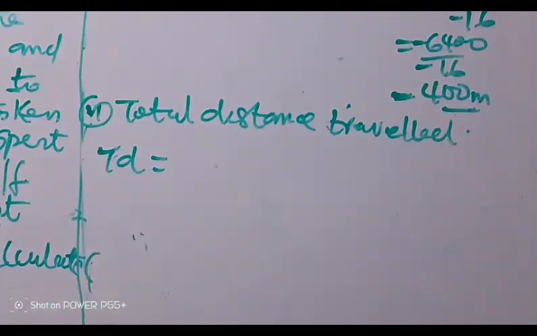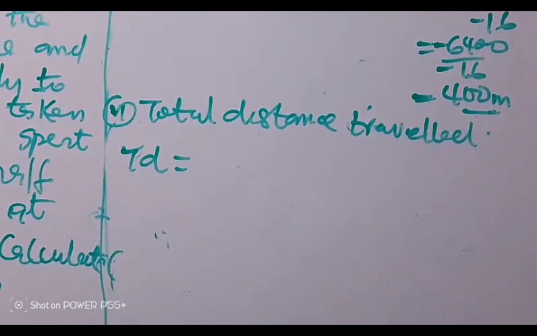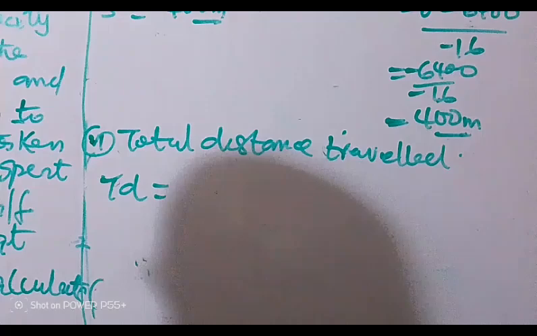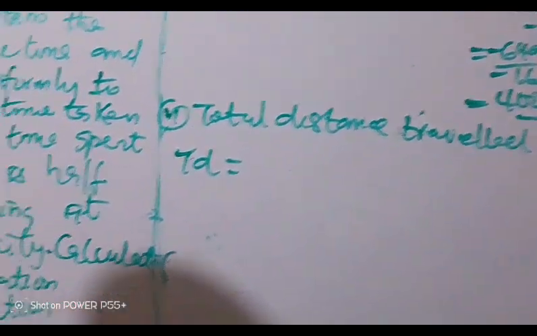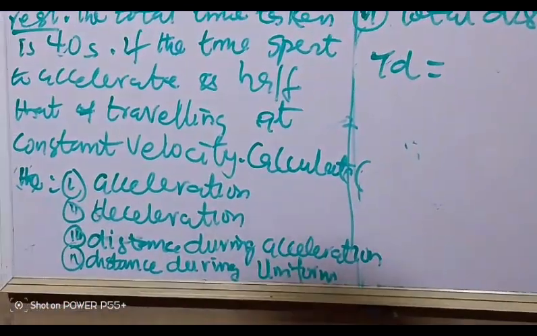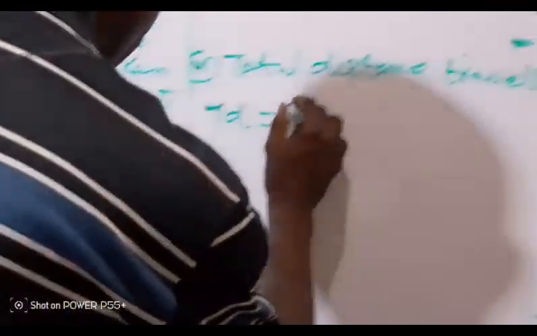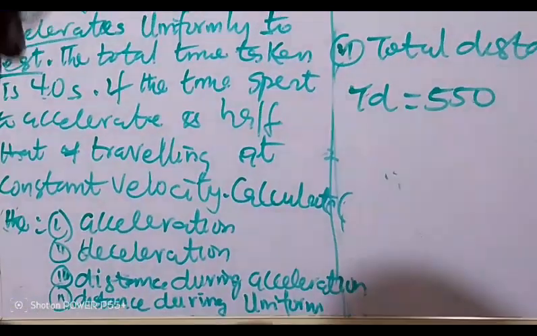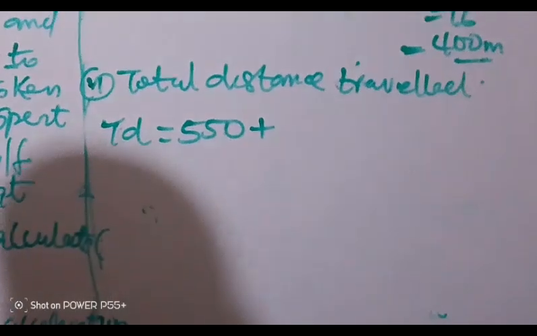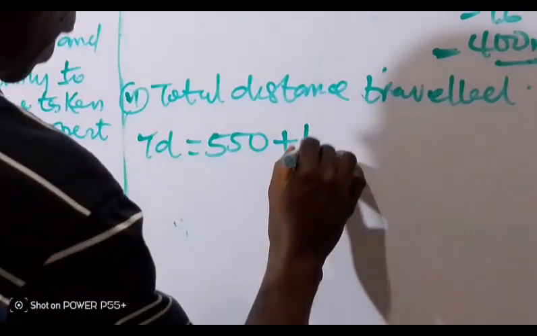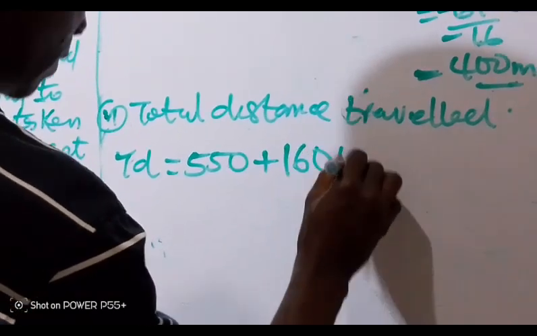Now, the last question under it is to calculate total distance travel. Since we've known distance travel during the acceleration, we got 550. Distance during uniform velocity, we got 1600.